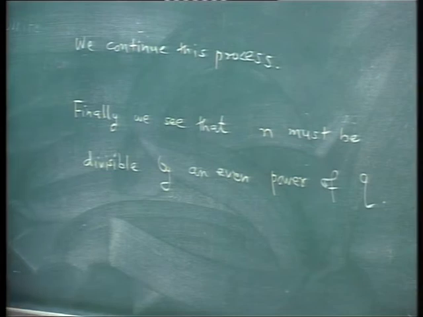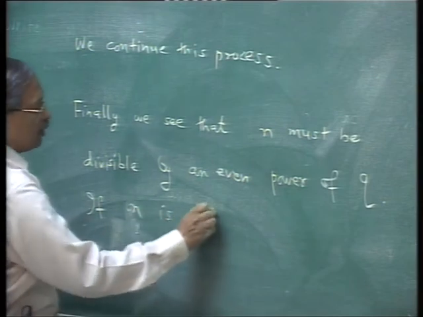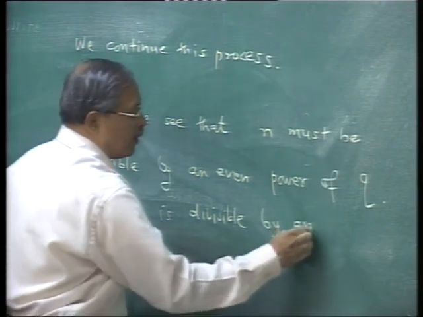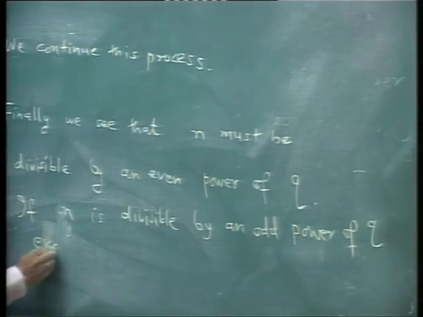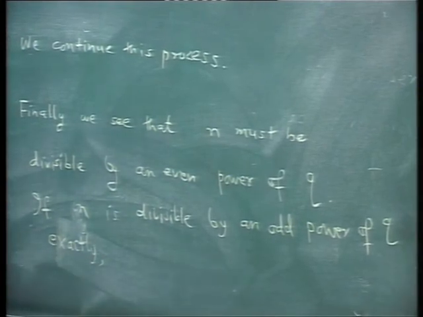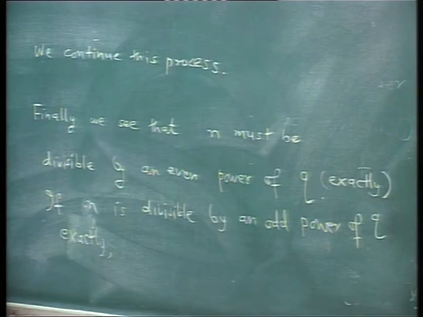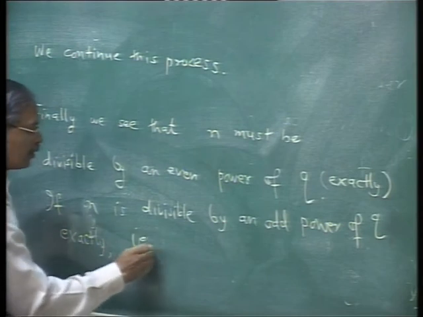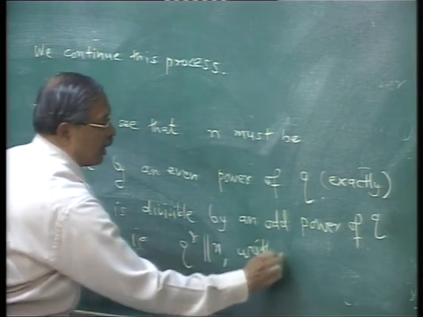If n is divisible by an odd power of q exactly, that means the exponent of q in the factorization of n must be even. So if q raised to gamma exactly divides n with gamma odd, then what will happen in that case?